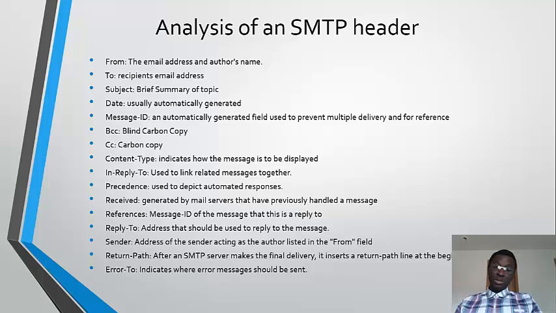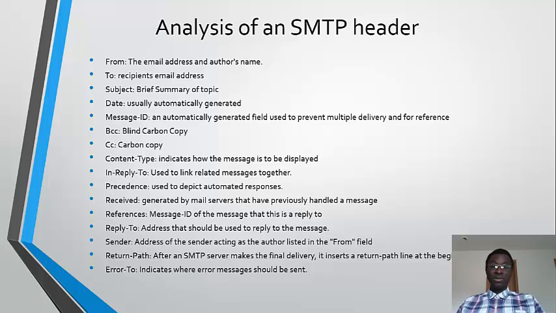SMTP is the de facto protocol used in email transmission. And here is how a basic SMTP header looks. We have so many fields, and the field we are going to be looking at is the From field, which contains the email address and the author's name.